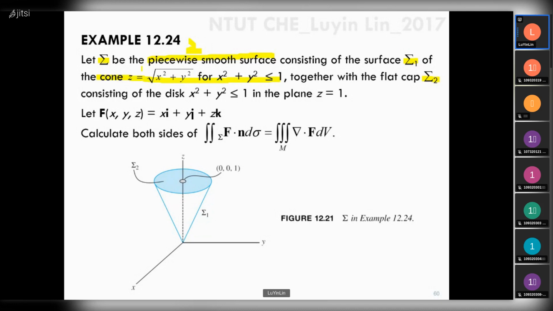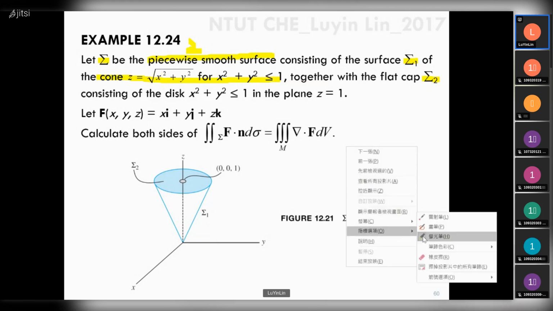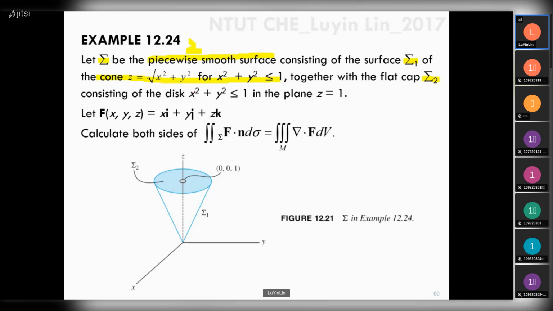The equation of the cone is like this, and the range is like this. Okay, let's first see this equation. If you put the order of 2 here, you will get what? You will get z squared equal to x squared plus y squared, right?